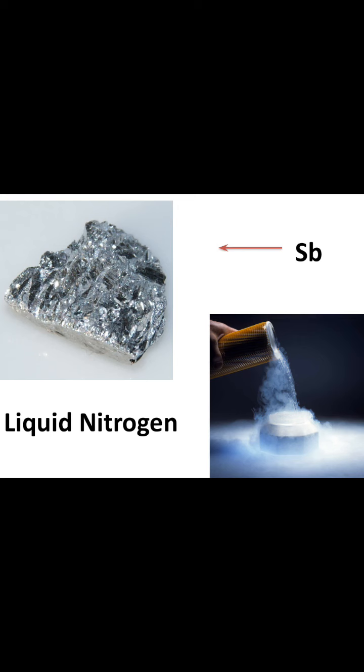Because the temperature of liquid nitrogen is very low, we can keep microorganisms in liquid nitrogen for preservation. Liquid nitrogen is also used for getting and maintaining low temperatures. Thank you.